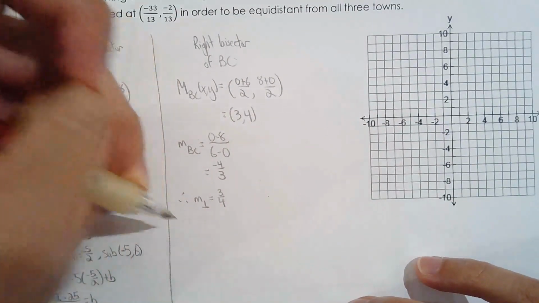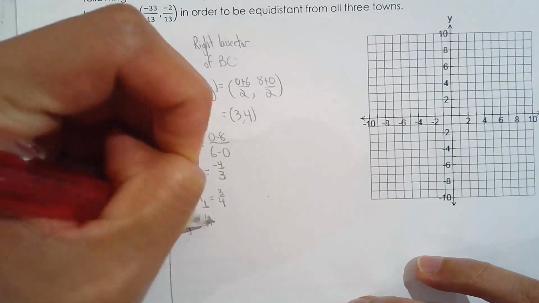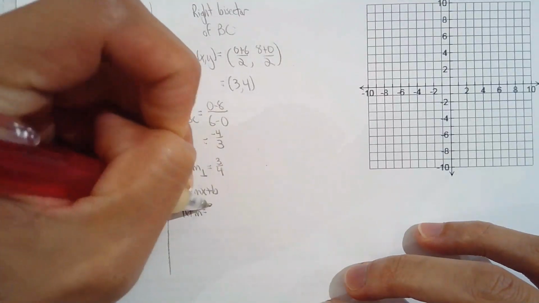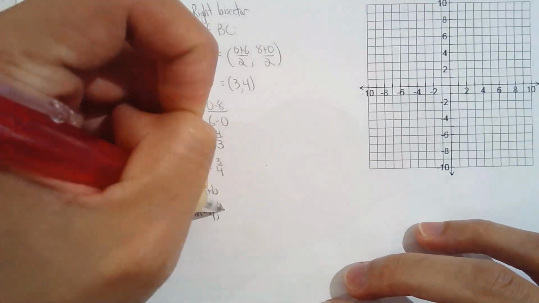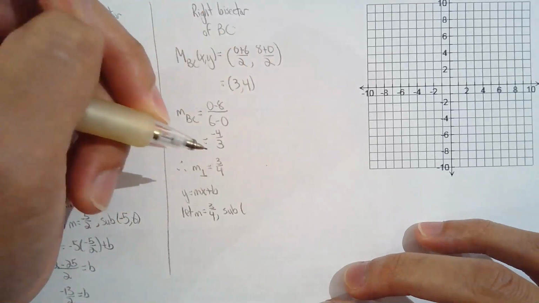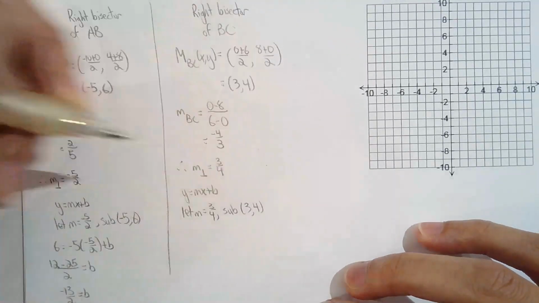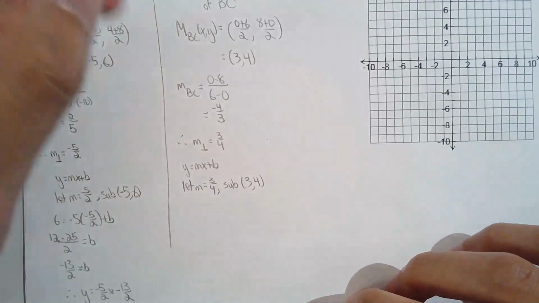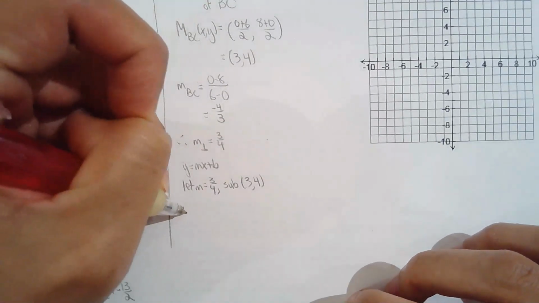So y equals mx plus b. Let m equal 3/4 and sub in the point 3, 4. I actually don't know if I'm on the right track, so I'm crossing my fingers I did not make a careless mistake.